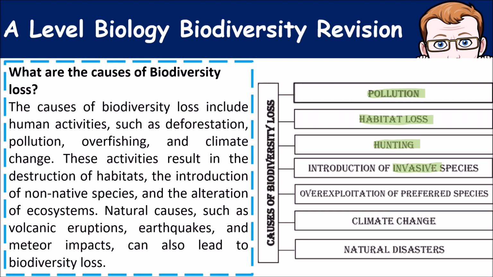Introduction of an invasive species that might kill the organisms that are already there. Overexploitation, so when you're overfishing, then you've got things like climate change, and finally things like natural disasters can decrease biodiversity.